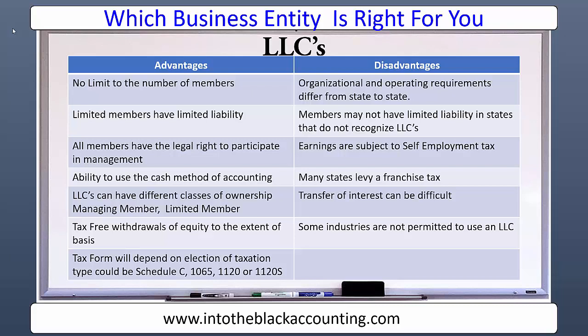If you're a single member LLC being taxed as a Schedule C, you can't be a W-2 employee of that company, of that sole proprietorship, or if you are a 1065. That's why most of the LLCs that you do see come out are taxed as a corporation or subchapter S corporation.